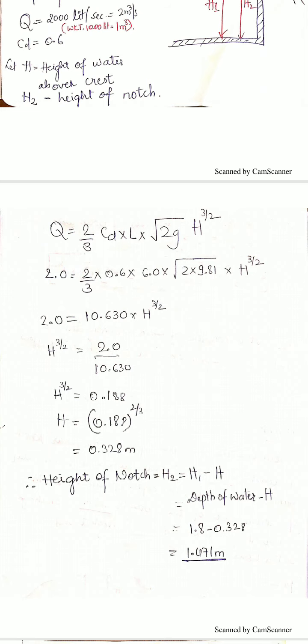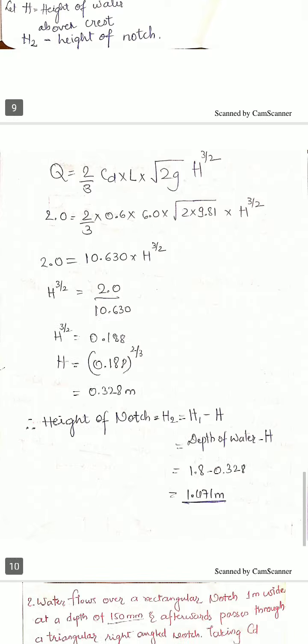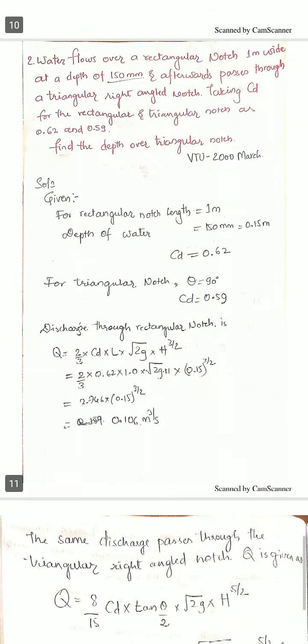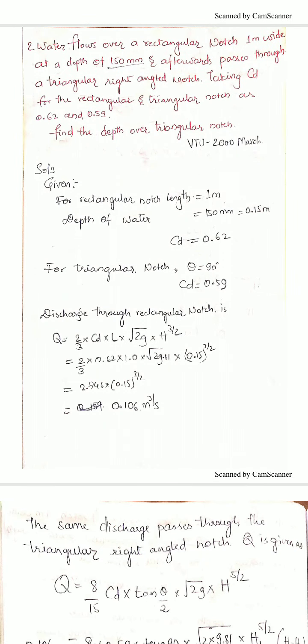Next we'll go with the second problem, which was asked in the VTU 2000 question paper. Water flows over a rectangular notch 1 meter wide at a depth of 150 mm, and afterwards it passes through a triangular right angle notch.